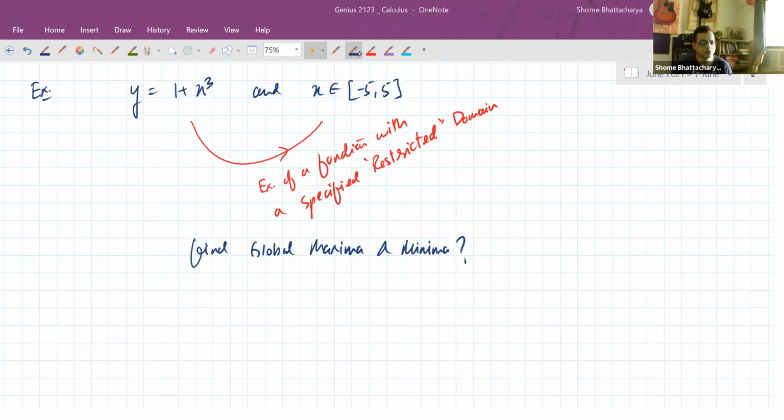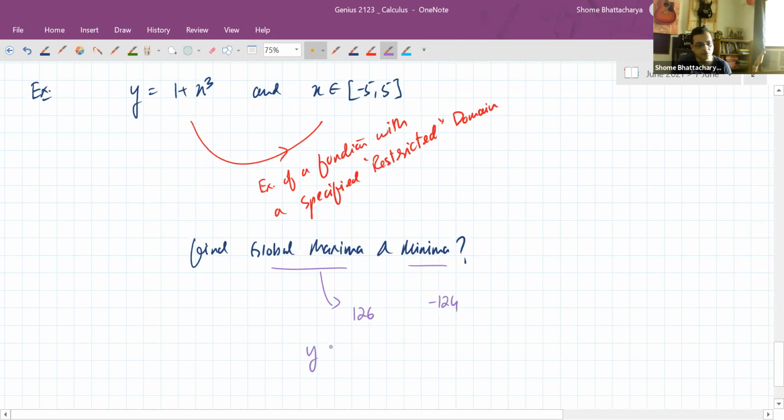So you will see here that the global maxima will be 126 and the global minima will be minus 124. So you will see that y will belong to this set for x belonging to the set of minus 5 to 5.